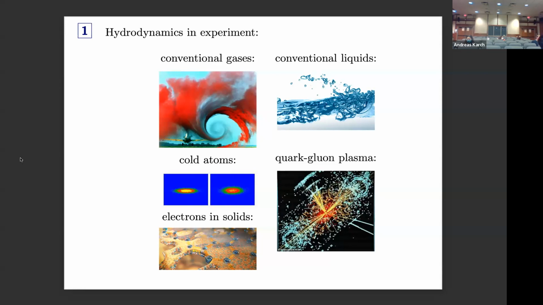And everything I'm talking about here, these are experiments that have been done. And then most recently, this was where I got some fame or infamy, is thinking about hydrodynamics of electrons in graphene, although other solids in principle could work just as well.